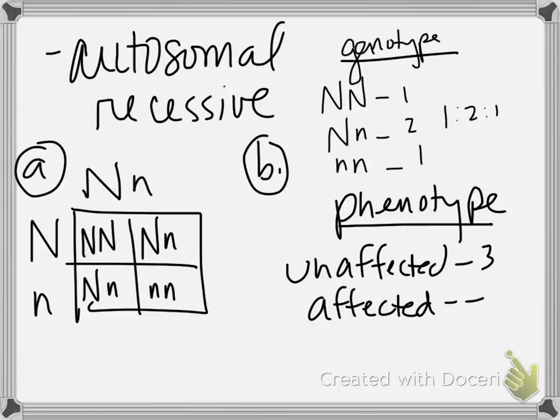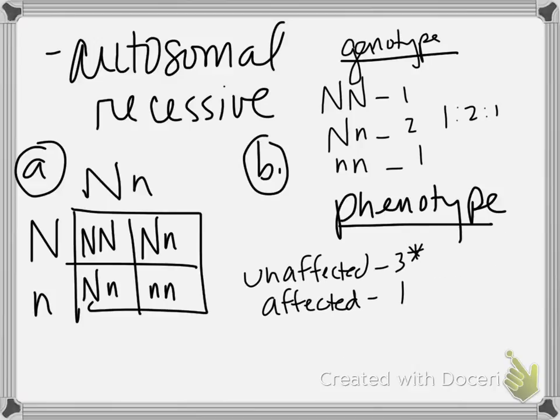And there are 3 offspring who are unaffected and 1 who's affected. But you kind of have to put a little asterisk by that unaffected because 2 of those unaffected individuals are what? Carriers. 2 are carriers.